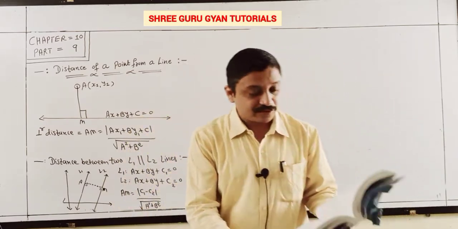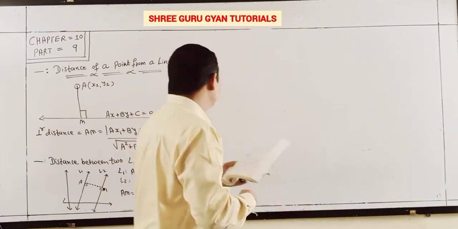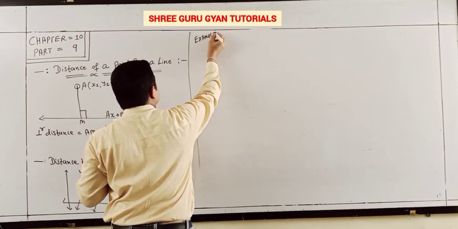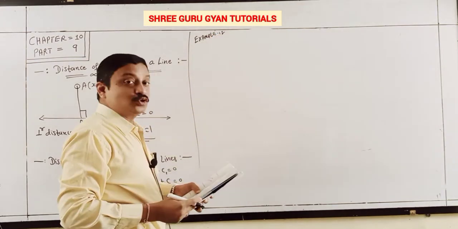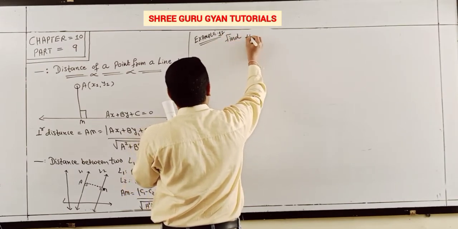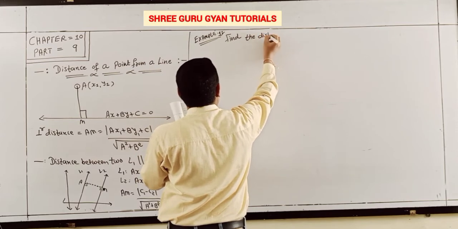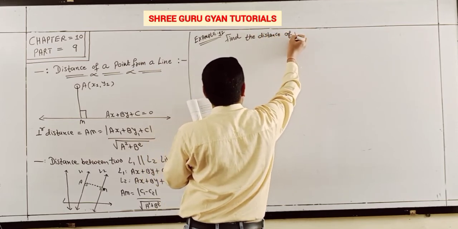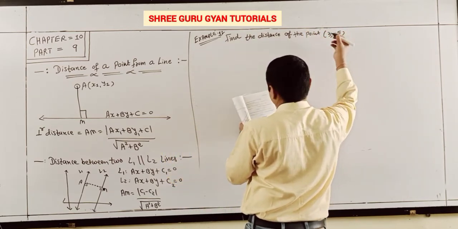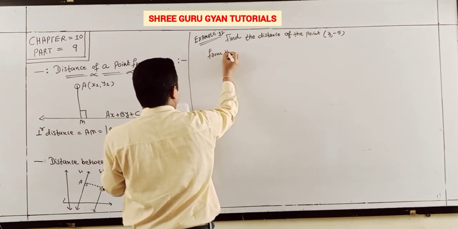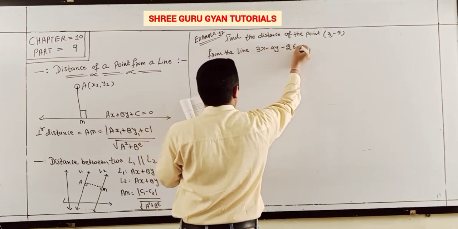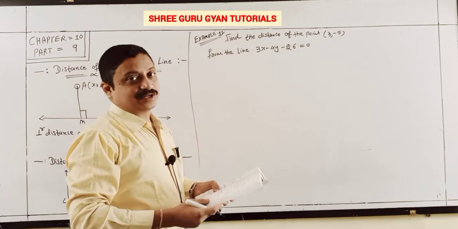So students, I continue with example number 18. Example 18: find the distance of the point 3 comma minus 5 from the line 3x minus 4y minus 26 is equal to 0.